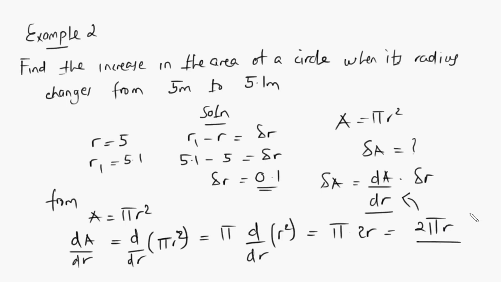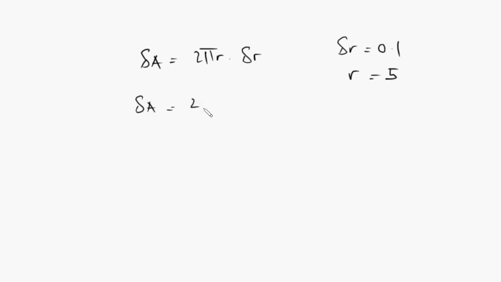So delta A, the increase in the area of a circle or the change in area, is just equal to dA dr, which we found to be 2 pi r, times delta r. Now what is delta r? It is 0.1. And what is r itself? It is 5. So the change in A is going to be equal to 2 times pi times 5 times 0.1.